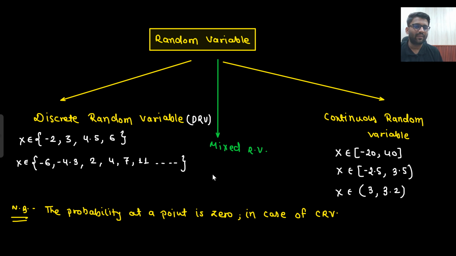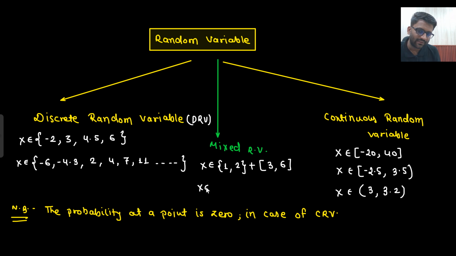A mixed random variable could be like this, that X can take value 1 or 2, or it is taking values from 3 to 6, including 3 and 6 as well. Are you able to understand this point? Between 3 and 6, it is taking all the values, including 3 and 6, and then it is taking two discrete values which are 1 and 2, right?